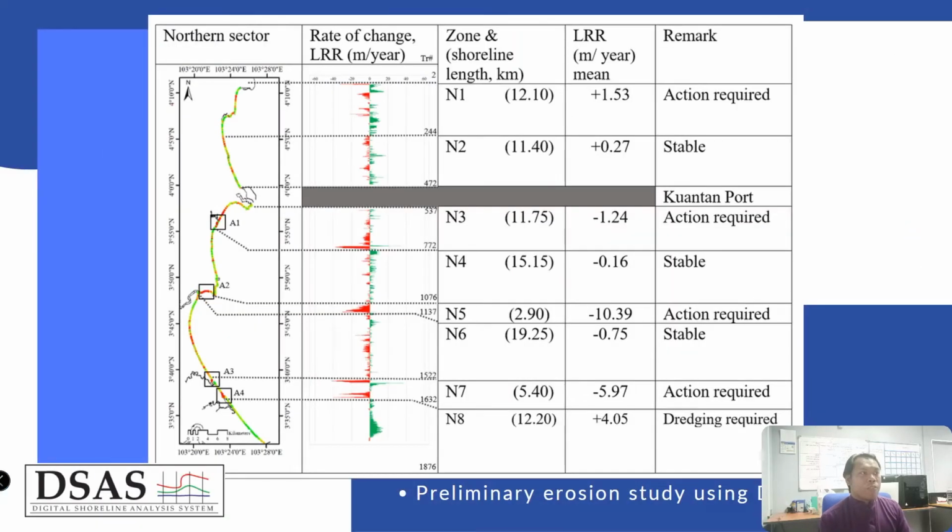The reason for choosing the place is in accordance with the preliminary study done using the DSAS, Digital Shoreline Analysis System. It is found that the site is among the most vulnerable sites to coastal erosion.